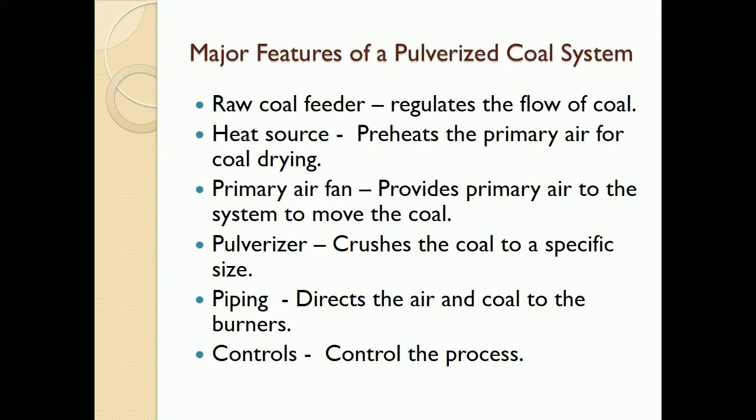The primary air fan provides transport or primary air to the pulverizer to move the pulverized coal from the pulverizer to the burners. 4. The pulverizer that crushes the coal to a specific size. 5. The piping that directs the air and coal from the pulverizer to the burners. And 6. The controls for operating the entire process.